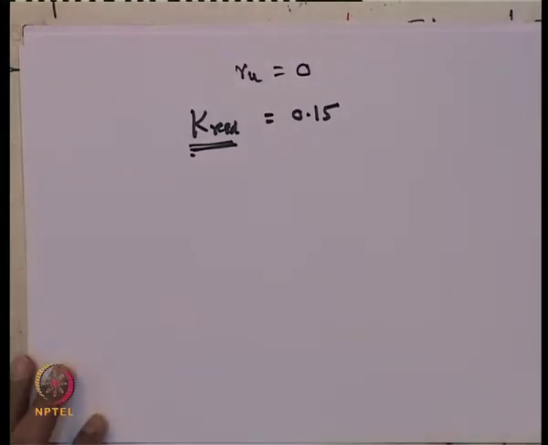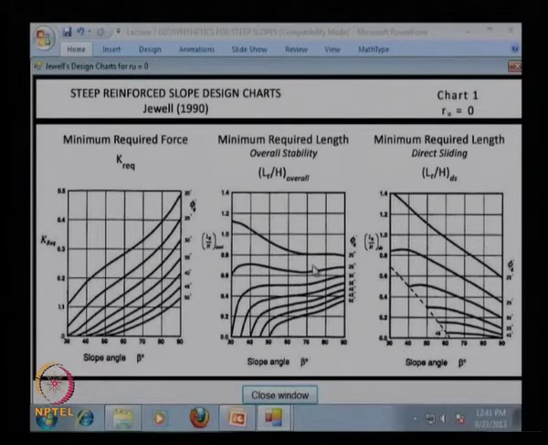Next, for the minimum required length for overall stability, that means LR by H overall, we will determine it from this chart. We know the slope angle, beta equal to 60 degree, and you move up when phi value is equal to 30 degree, and then you can calculate the LR by H for overall stability.